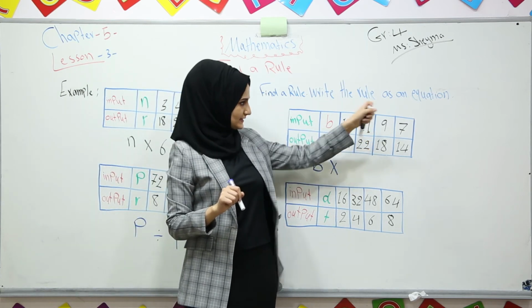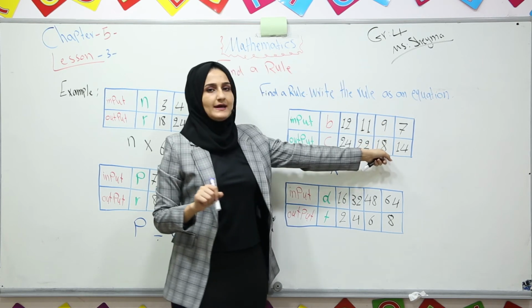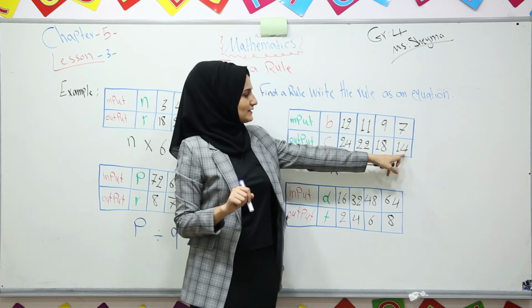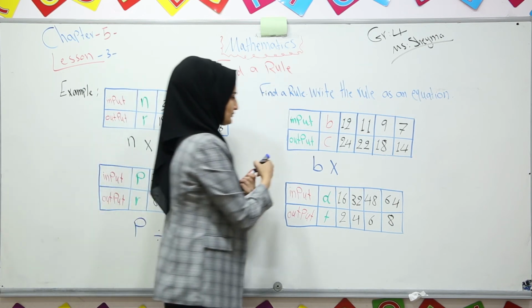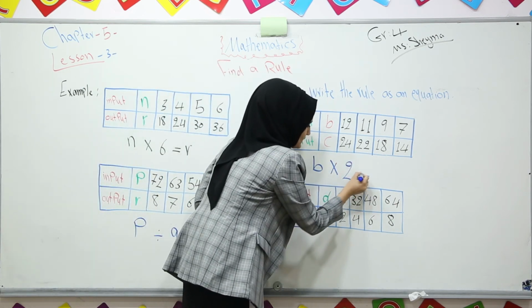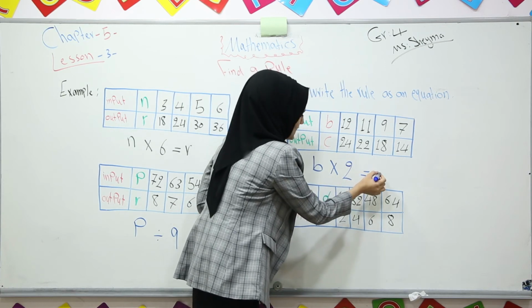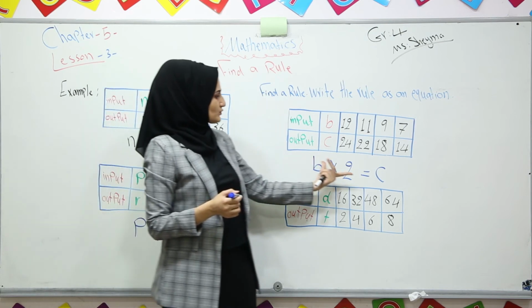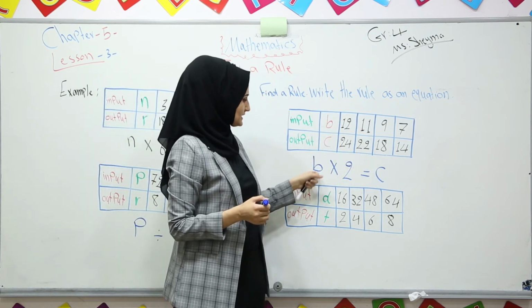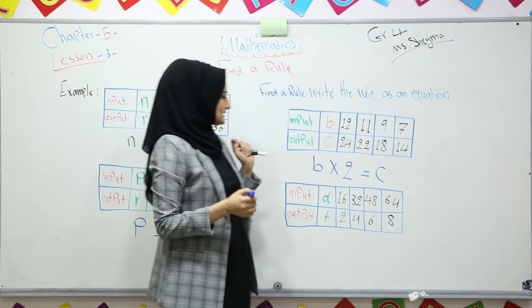Again, yes, that's right. 9 times 2 is 18. That's right. 7 times 2 is 14. Yeah, that's right. So B times 2 is equal to our output, which is represented by C. So this is the equation for this box: B times 2 is equal to C.